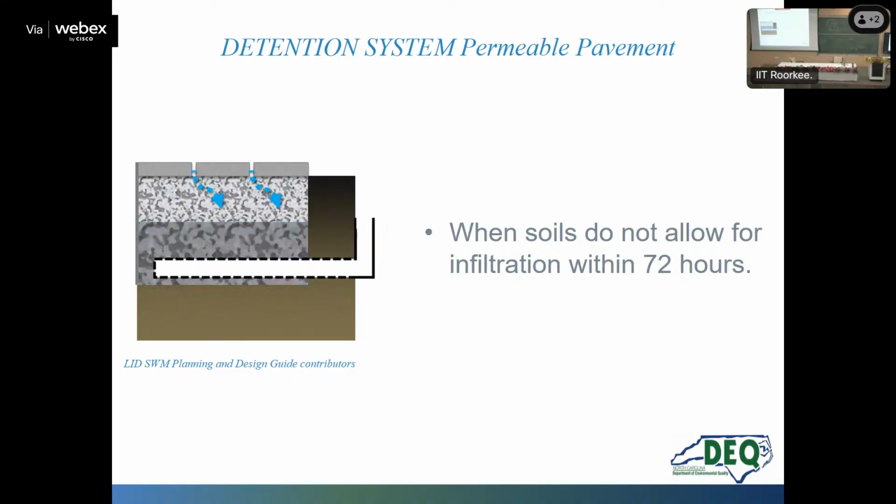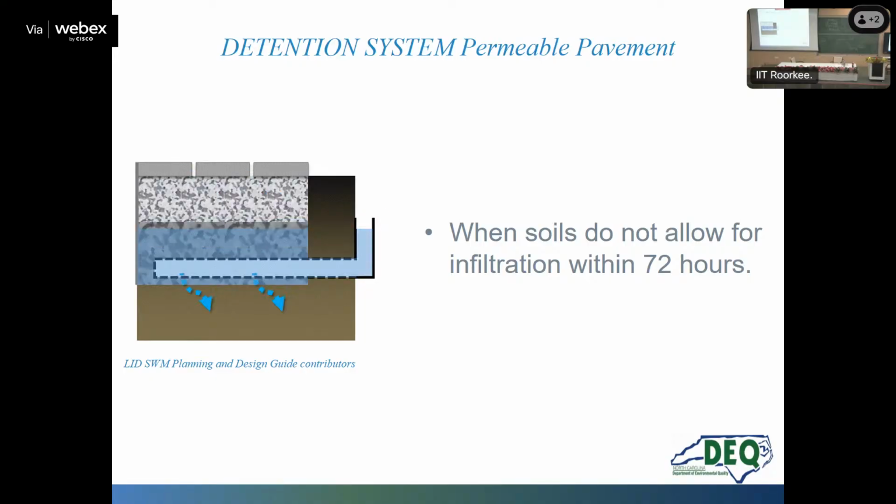If the water table is really close to the surface and you don't want to make it any worse for whatever reason, you would line your permeable pavement. That's true. Thank you. What if the soils or the water that you're trying to treat are polluted? So maybe you don't want your really polluted runoff to soak into your underlying soils.